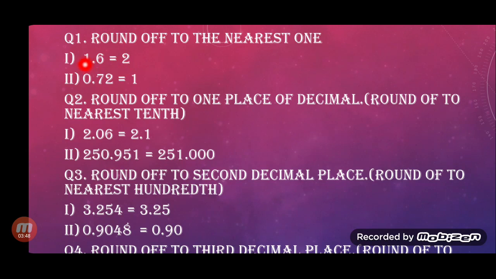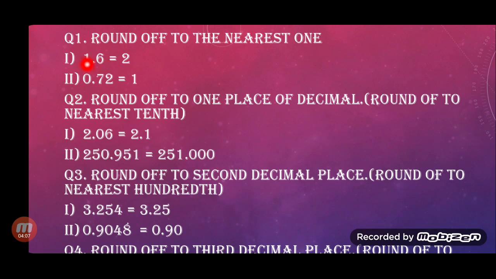Once again children, I told you about 1.6. You have to round off the digit that is nearest to the 1, and the digit just to the right, the right side digit, is 6, and it is more than 5.